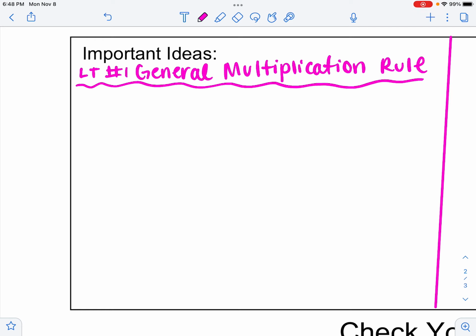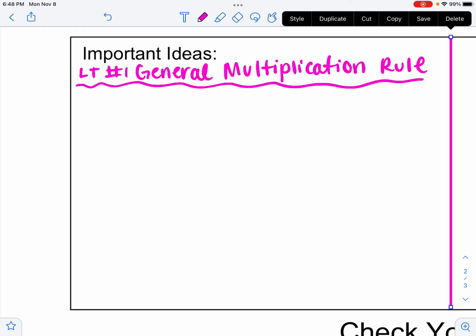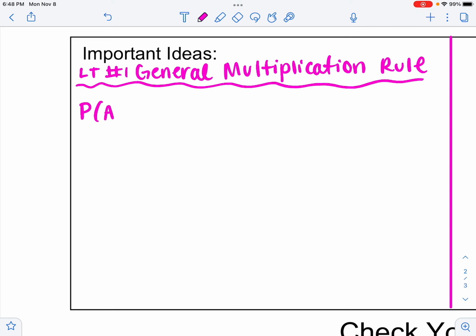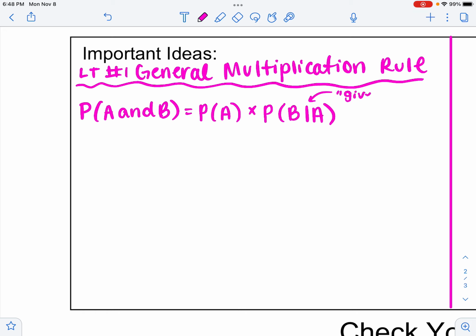All right, so the general multiplication rule is the probability of A and B is equal to the probability of A times the probability of B given A. And so remember that this vertical line here is that given that A happened.